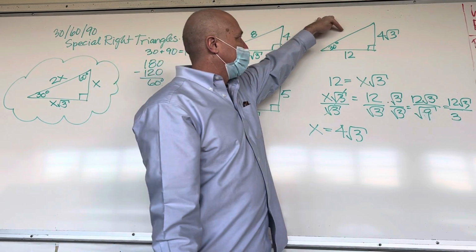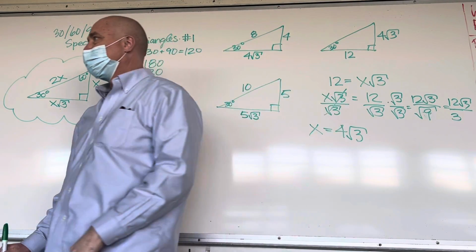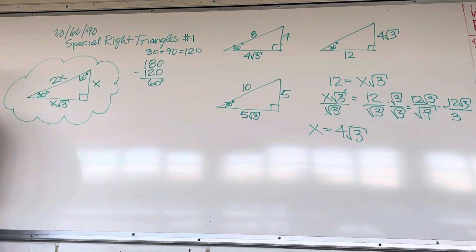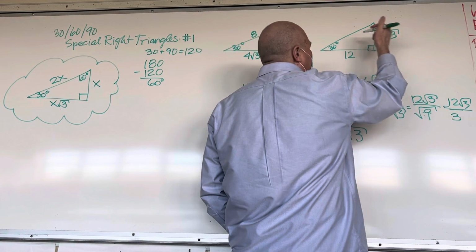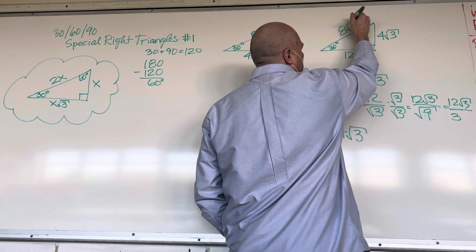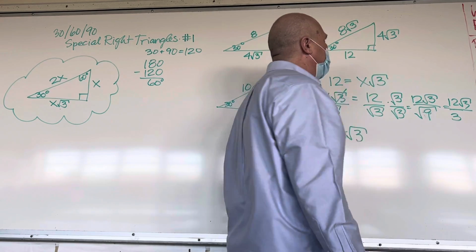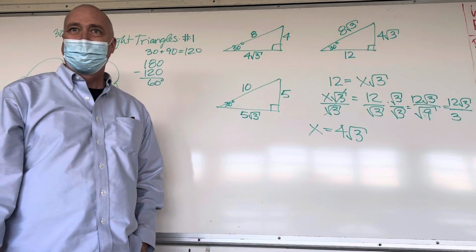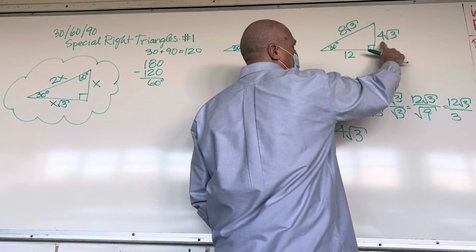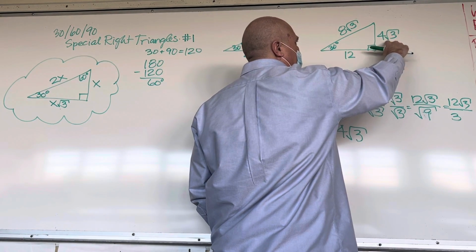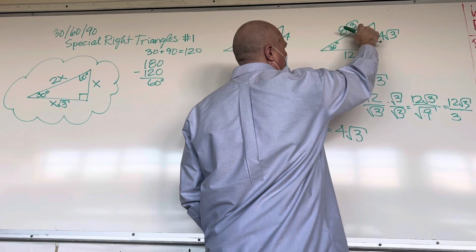What do you think the length of the hypotenuse is? Louder. 2 times 4 is 8. And the radical 3 goes along with it. And it becomes 8 radical 3. And so now it fits all the ratios. This is x of 4 radical 3. If you multiply that by 2, it's 8 radical 3.